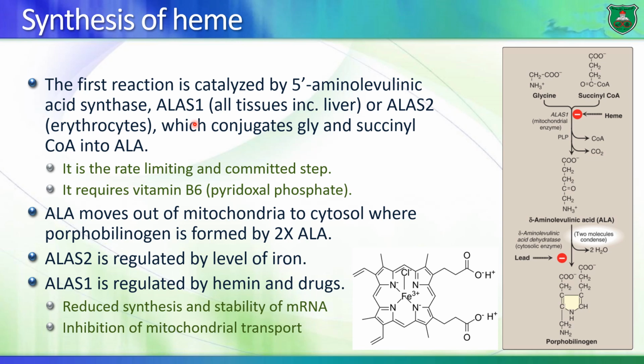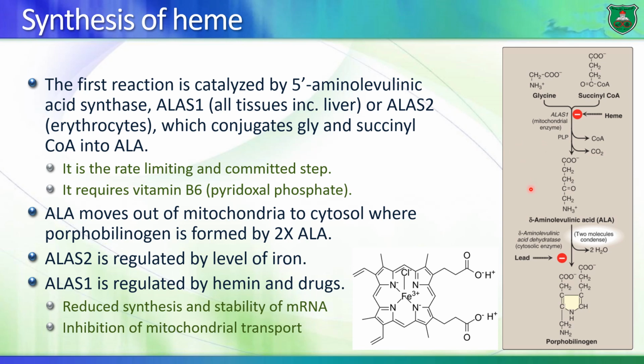This ALA synthase conjugates both glycine and succinyl CoA into aminolevulinic acid. This reaction is the rate limiting and committed step, so it is highly regulated and slow as a result, and it requires vitamin B6.